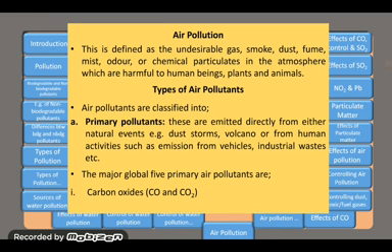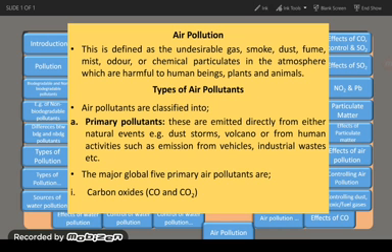Another type of pollution is air pollution. That is, this is a kind of pollution that affects air in the atmosphere. So this is defined as the undesirable gas, that is unwanted gas, smoke, dust, fume, mist, odor, or chemical particles in the atmosphere, which are harmful to human beings, plants, and animals.